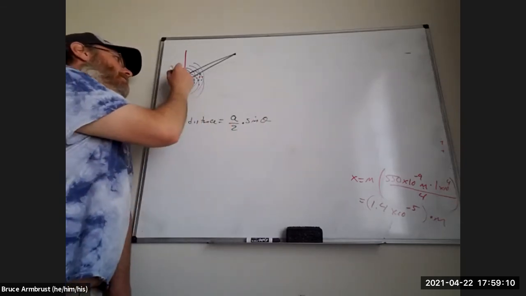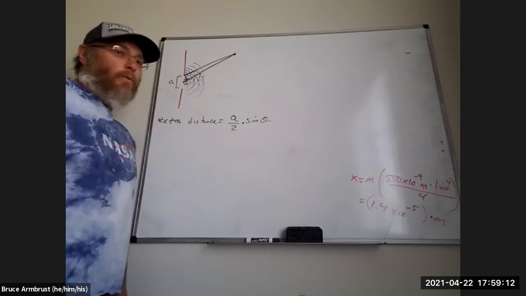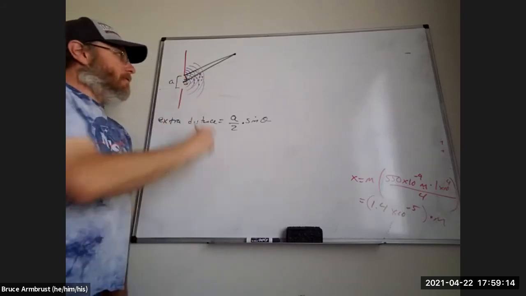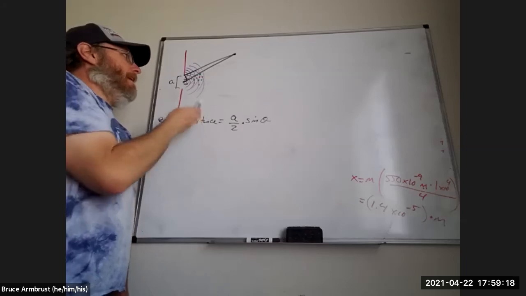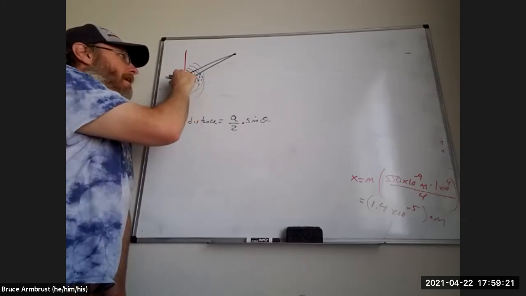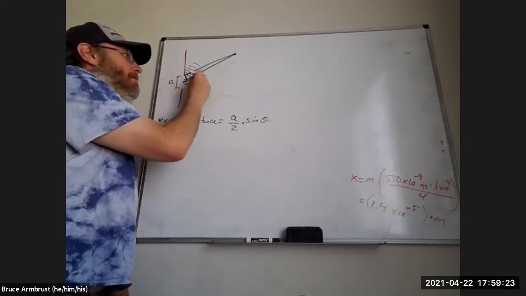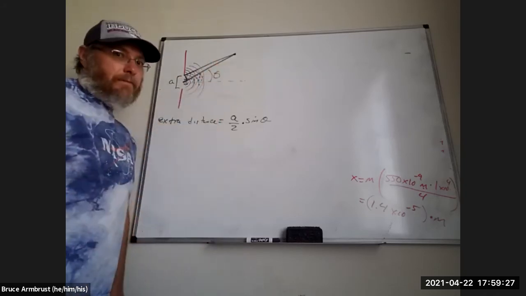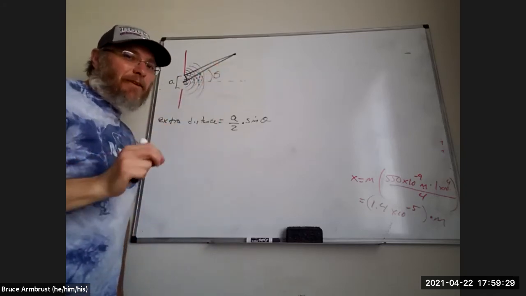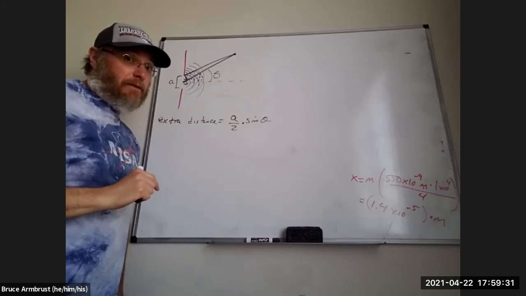The a is the width of the slit, so a over 2 is the hypotenuse side here, and theta is the top angle in there, which is also the same as that angle. So it's exactly the same derivation that we did before for two slits.